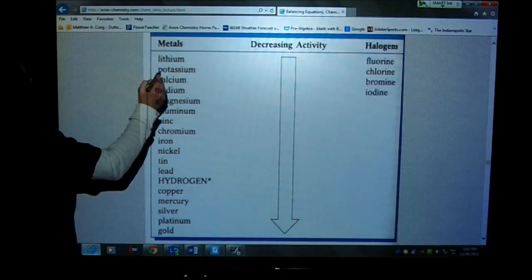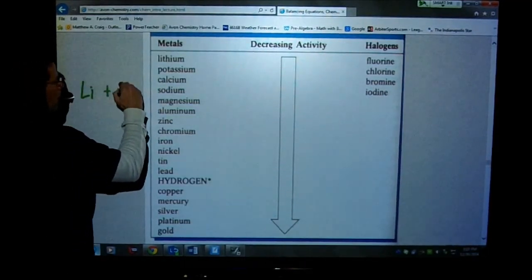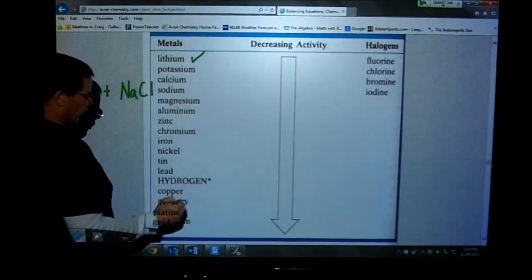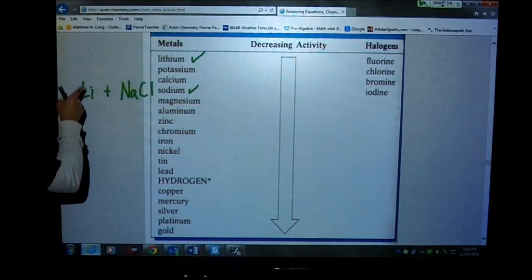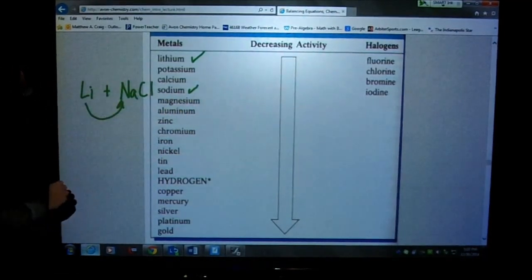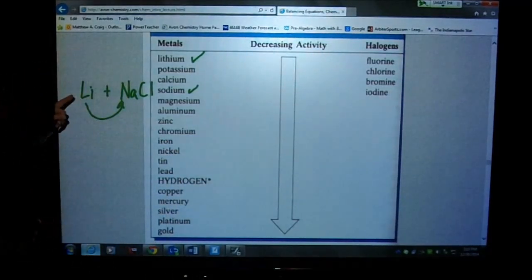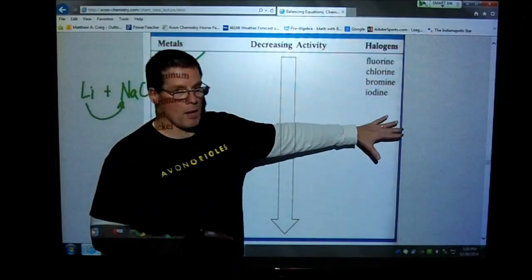So if lithium is the element that's standing by itself and it's trying to replace sodium in sodium chloride, lithium is right here, sodium is right here, so the thing by itself will kick out that metal. Now what's important to note is that you identify the thing that is by itself as either a metal or a non-metal.